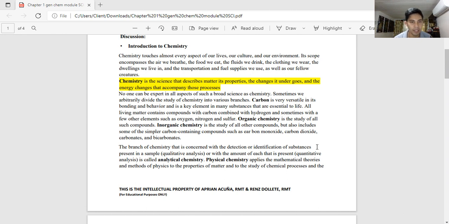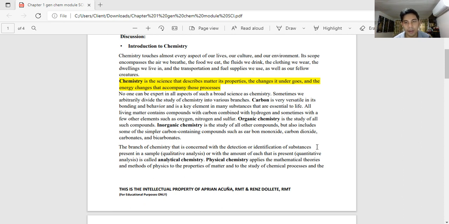No one can be an expert in all aspects of such a broad science such as your chemistry. Sometimes we arbitrarily divide the study of chemistry into various branches. Okay, magandang ko ginasipak-sipak na into a very much specific type of chemistry. Okay, first of all, you have your carbon.